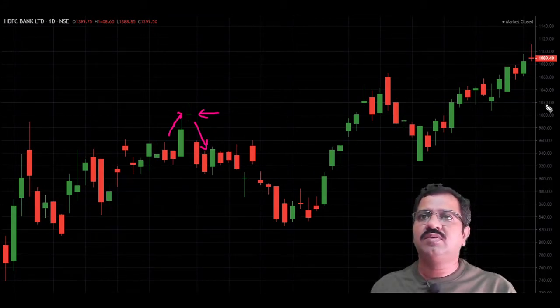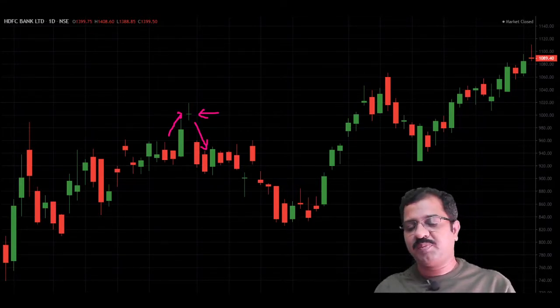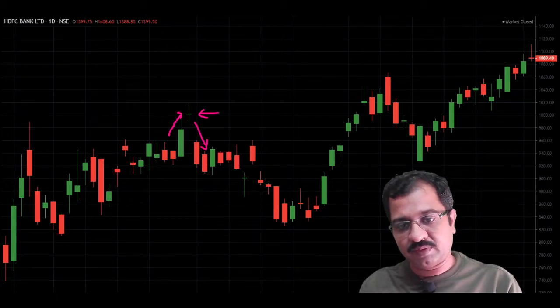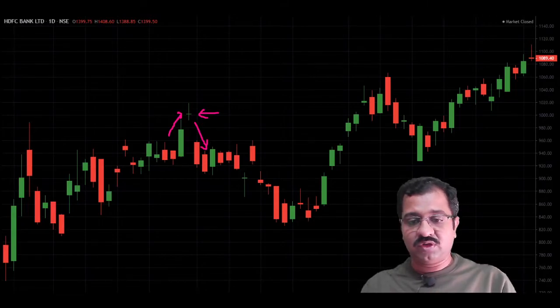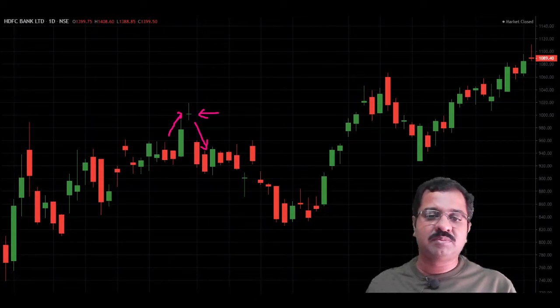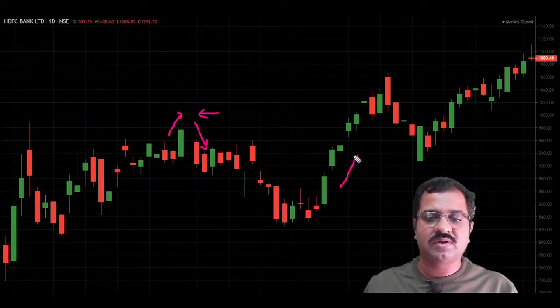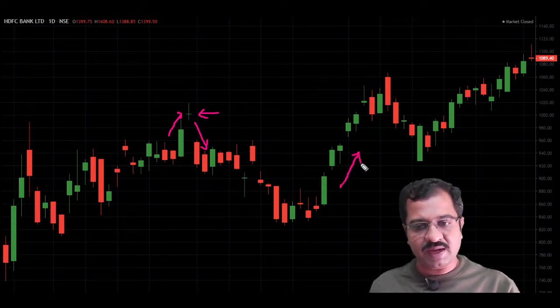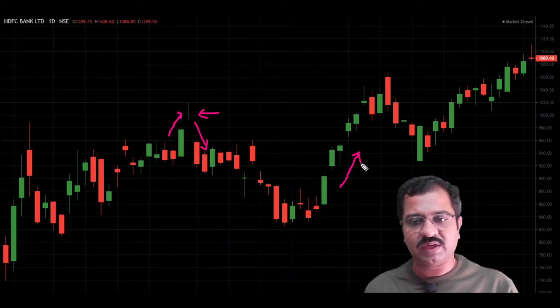So when doji forms, there may be reversal, because there is indecision. If prices are going up and a doji forms, it means now sellers are also in the play. If there is an uptrend like this, only buyers have strength, right? So each candle you can see is green, going up.